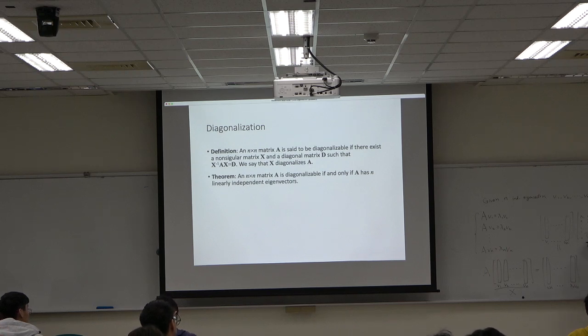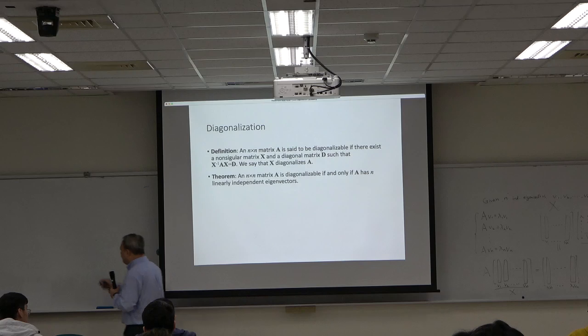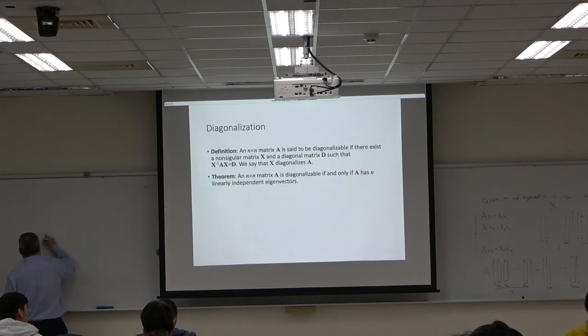So we just name this one D. And remember, we name this one X, right? So this one is X, this one is D. Okay? So let me write it again. We have AX equals XD, right?